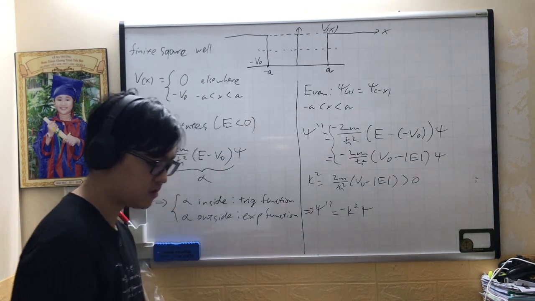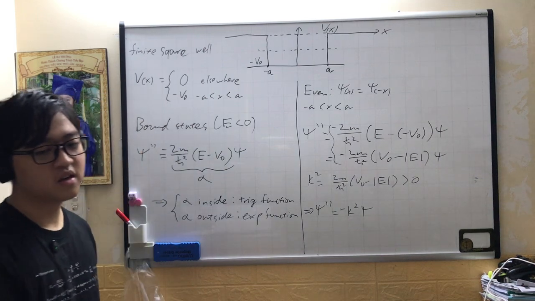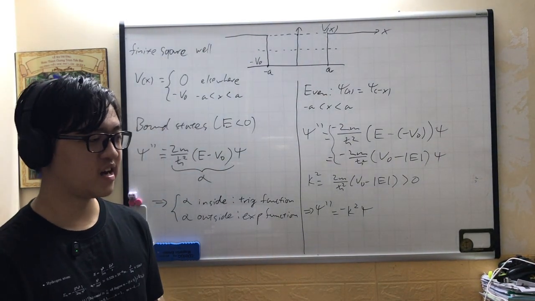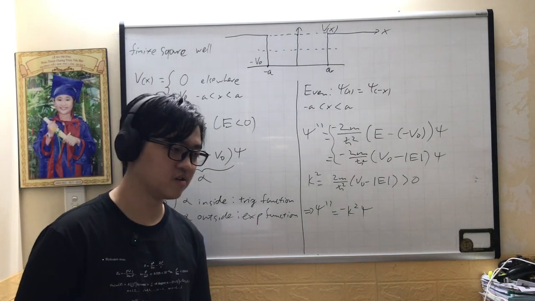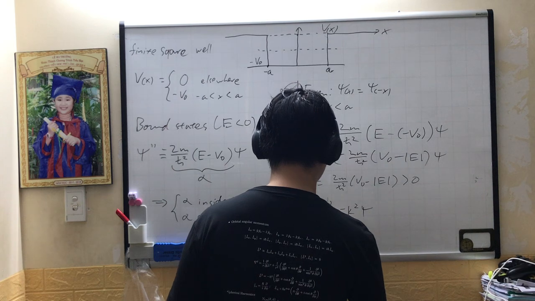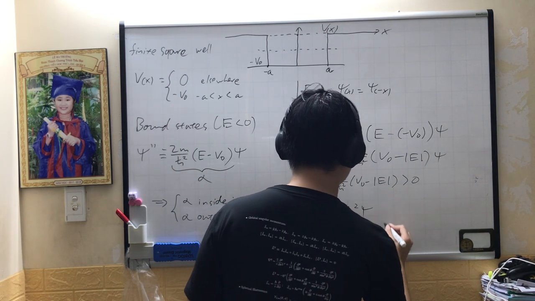And remember, as I said, inside is a trig function. If you do the math like I did in the infinite square well, you would get psi of x equal to cosine.